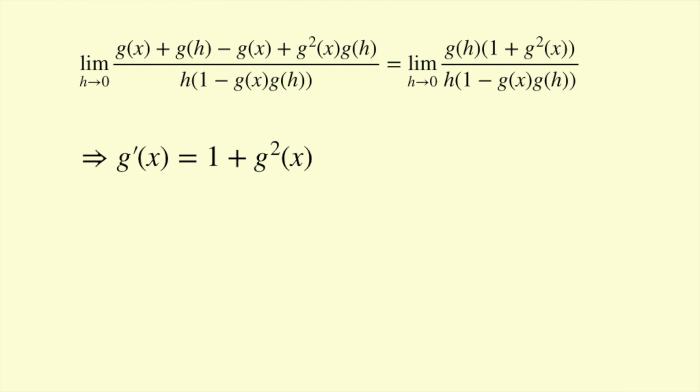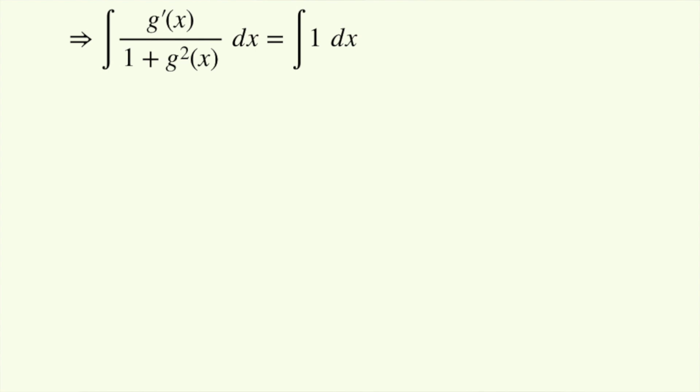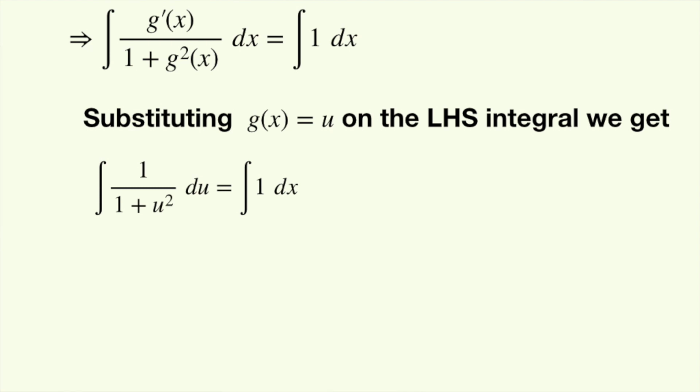So we have arrived at this simple differential equation, and if we integrate both sides, we have integral g prime x by 1 plus g square x dx is equal to integral dx, and if we put gx is equal to u, we have g prime x dx is equal to du, and therefore we have this to be integral du by 1 plus u square, and the right hand side is x plus c.